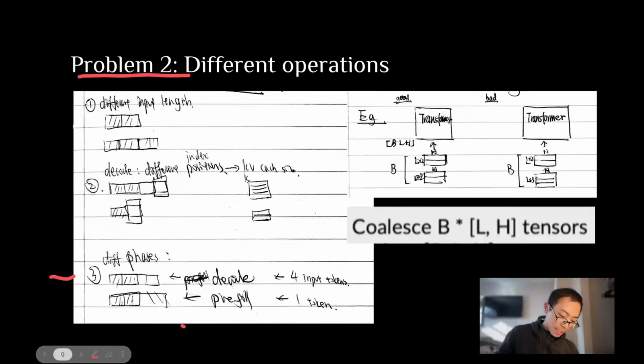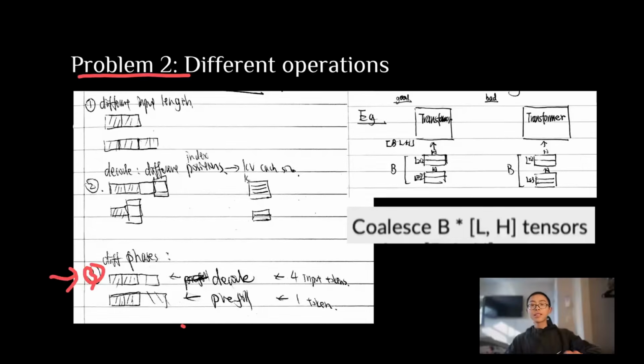No. In the prefill and decode phases, their input sizes are different. One is 4 tokens, the entire length of the prefill, and the other is just 1 token for decode. But for one batch, we need them to be the same. So L and H: L is the sequence length, and H is the hidden size. So how big is 1 token?